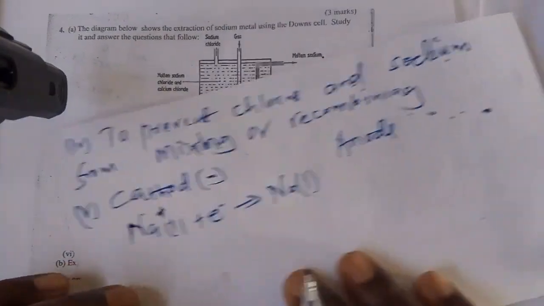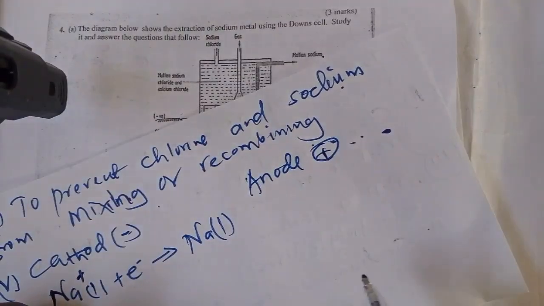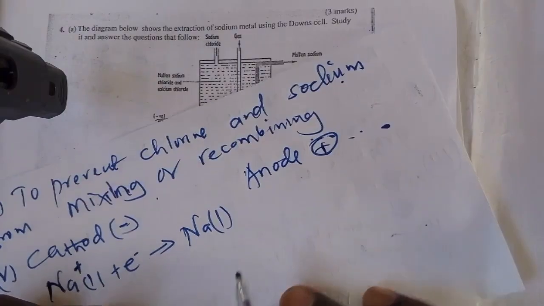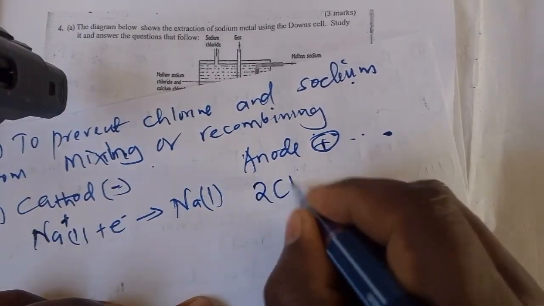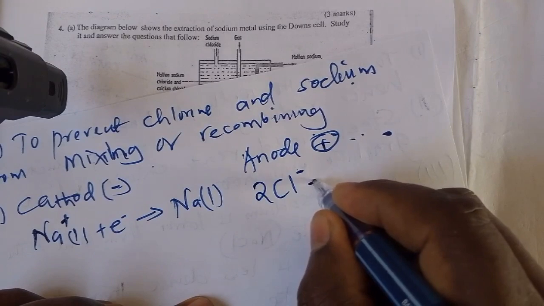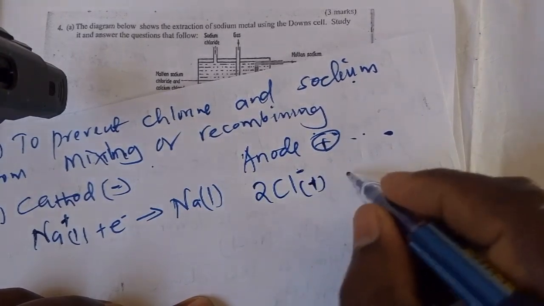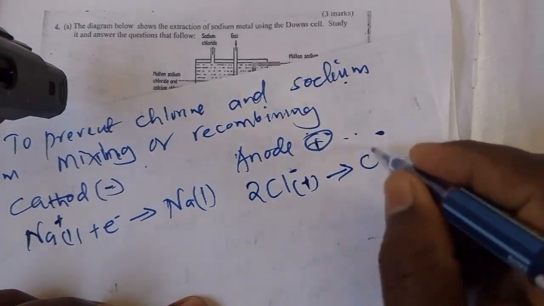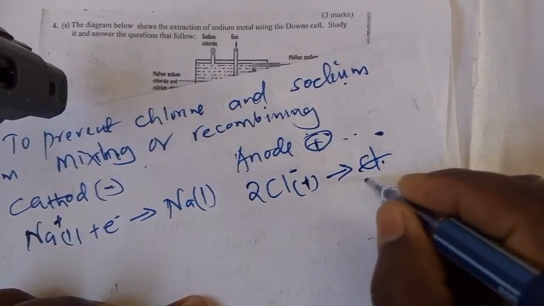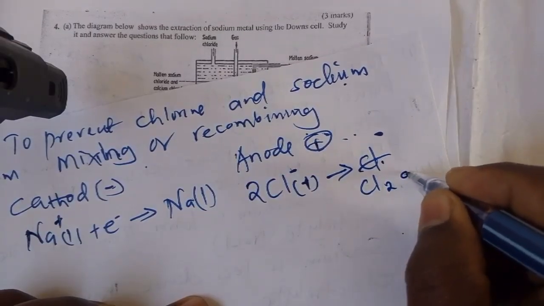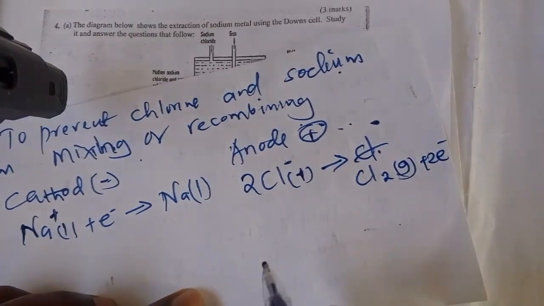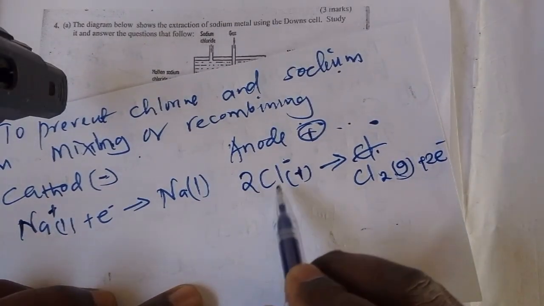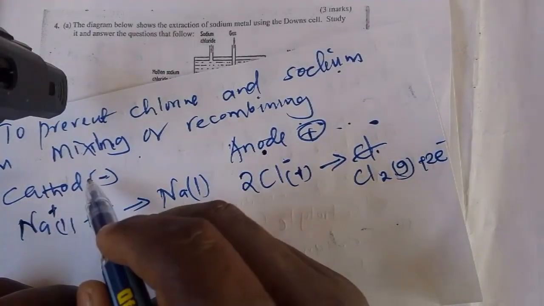The anode is positively charged, therefore chloride ions, which are negatively charged, are going to be attracted towards this anode and be discharged there. Therefore, 2 chloride ions in liquid form are going to discharge chlorine gas plus 2 electrons. So these are the equations at the anode and the cathode.